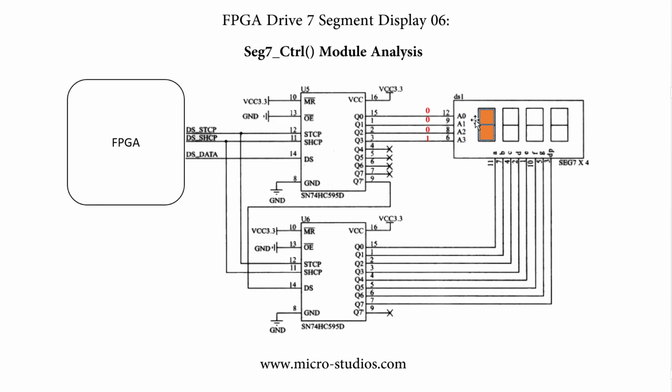But in real time, we need to see all the information on all 4 displays, right? And if we switch this control pin fast enough, all the displays will turn on at the same time for our human eyes. It is called the persistence of vision.